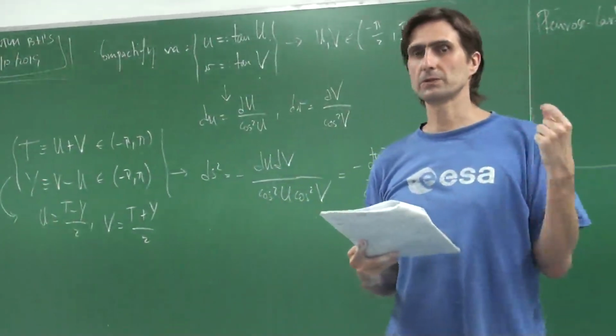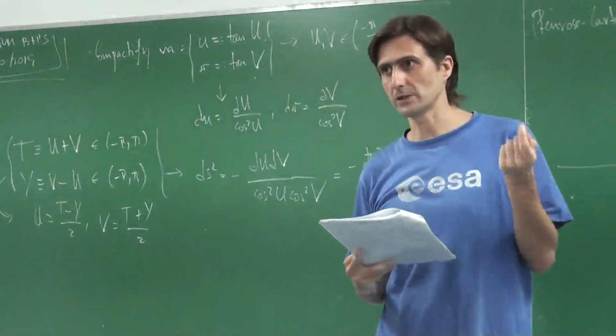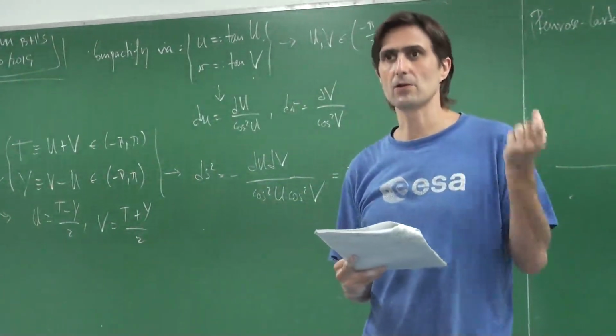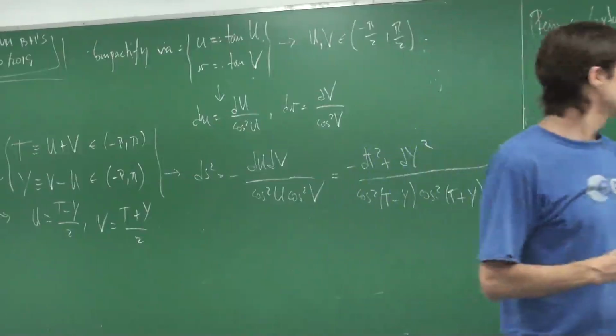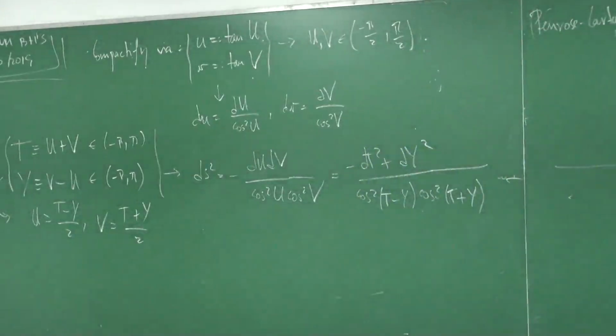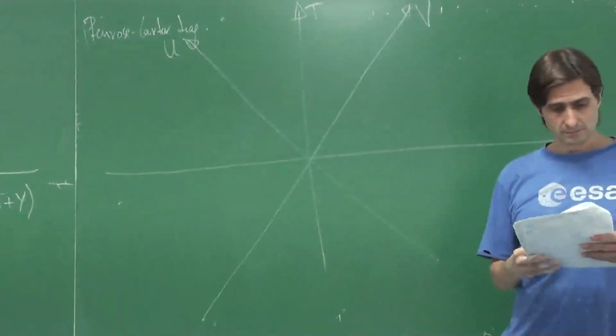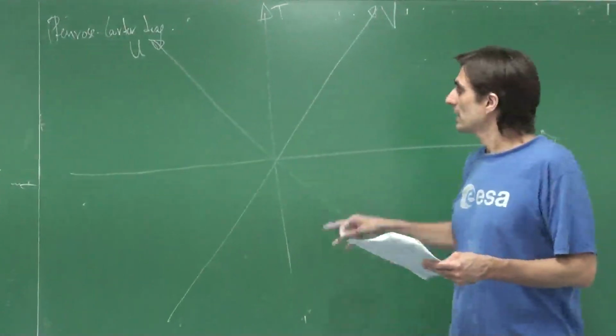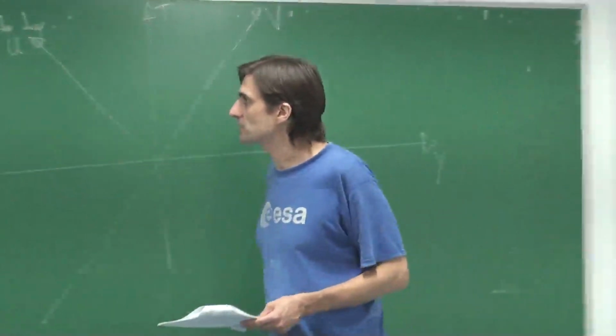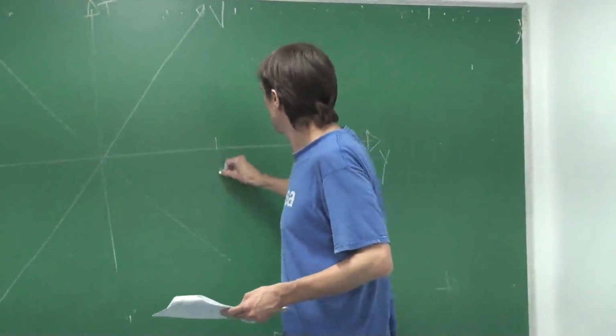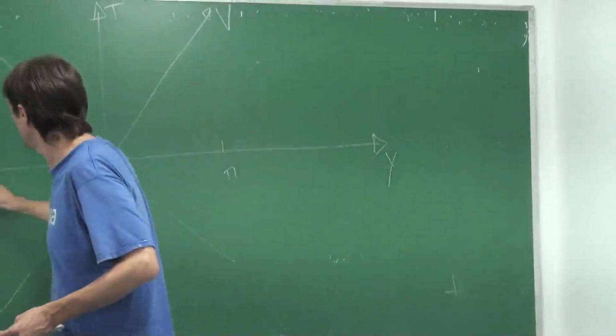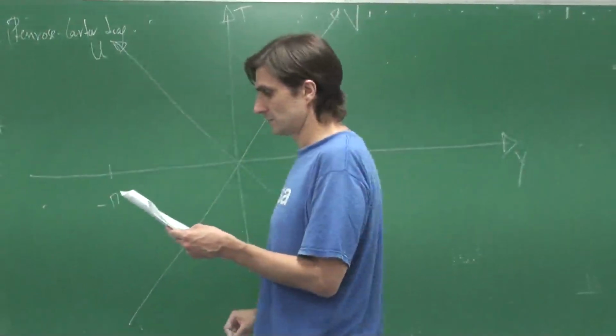Null geodesics correspond to little u or little v constant, which is the same as capital U or capital V constant. So null geodesics are still at 45 degrees. Now, capital Y goes between minus pi and pi, and so does T.